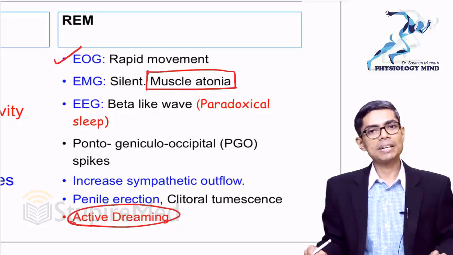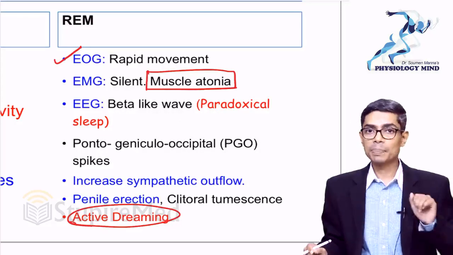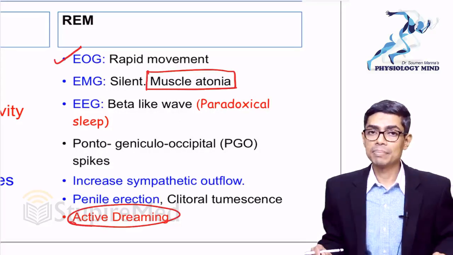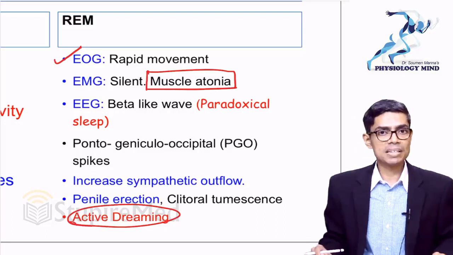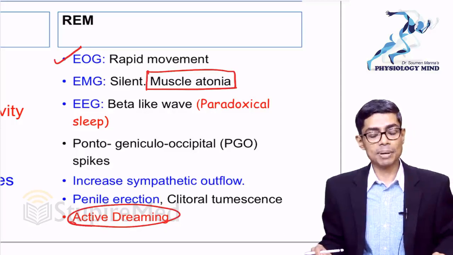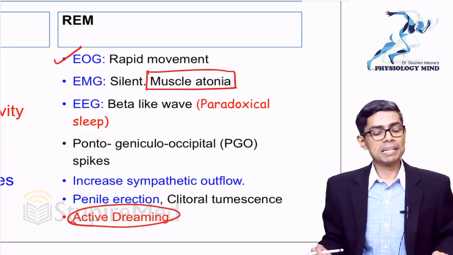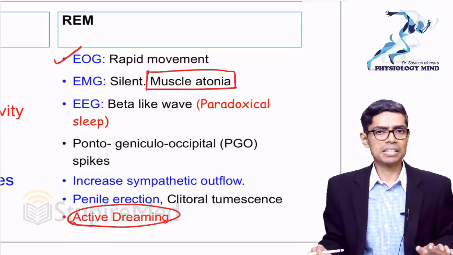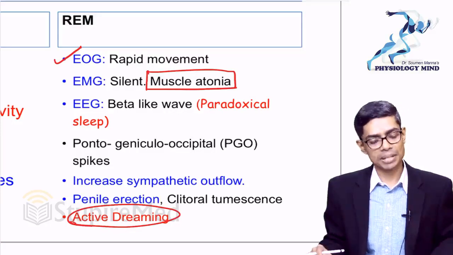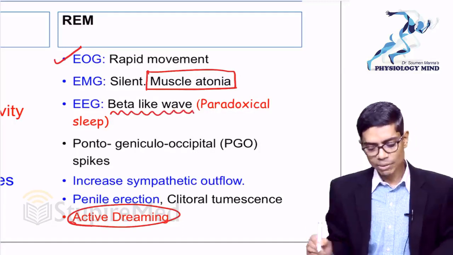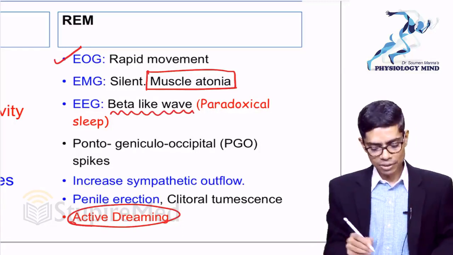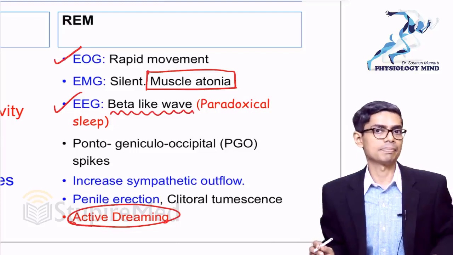That's why it is very, very difficult to wake up the person from REM sleep to the direct awake stage. You can wake up the person from any stage of non-REM sleep. This is easier, but because during REM sleep the muscle tone is severely paralyzed, it is very difficult to get awake from the REM sleep stage. Okay, and we have already explained that beta-like waves are seen on EEG. That's why this is known as paradoxical sleep.